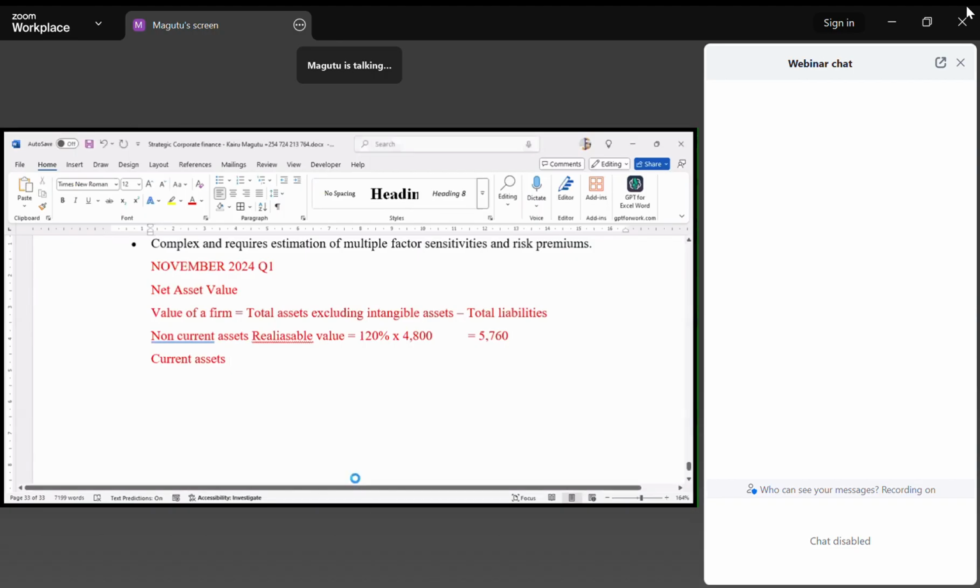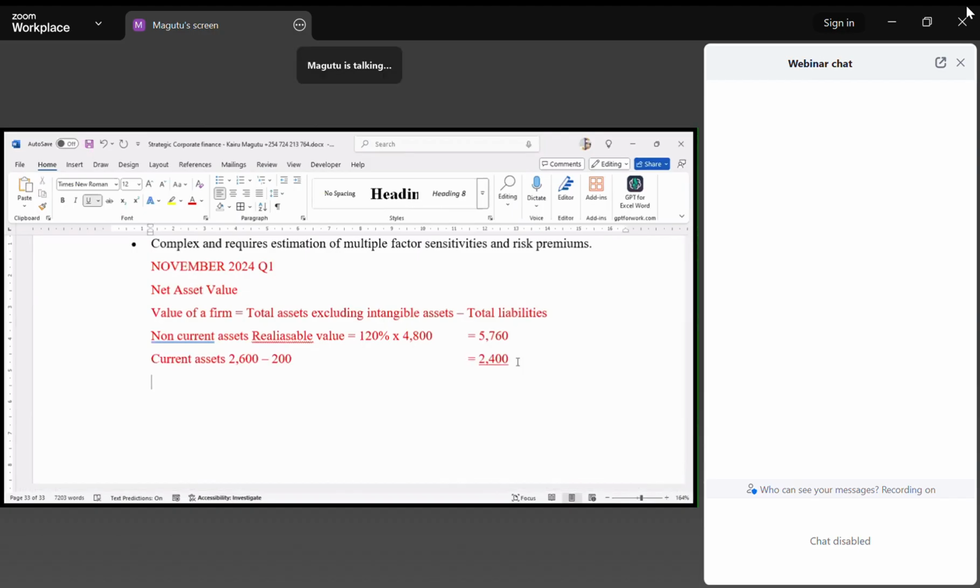So current assets is 2,600 minus the bankrupt receivable, so this is 2,400. Remember we said it is tangible assets. That means we will exclude the goodwill.